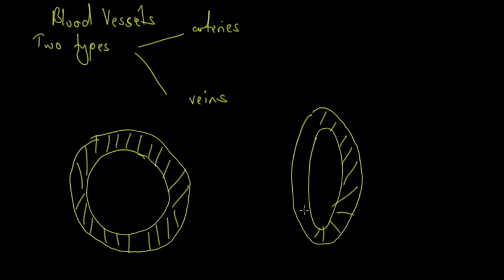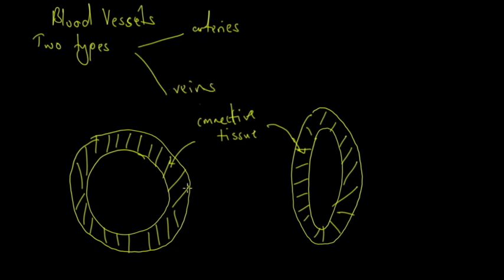Okay, so this is connective tissue. This is called connective tissue. Okay, there's a specialized name for it, but don't worry, you don't need to know the name. Essentially, this is called connective tissue.